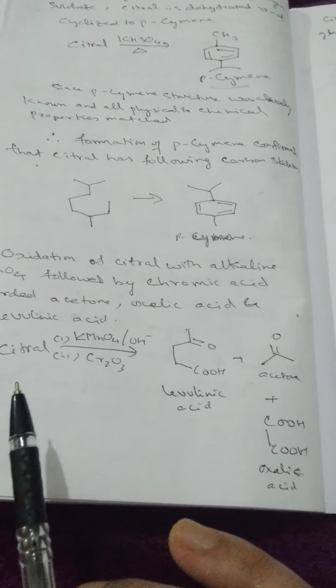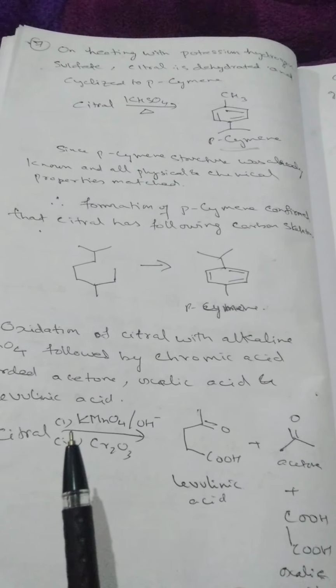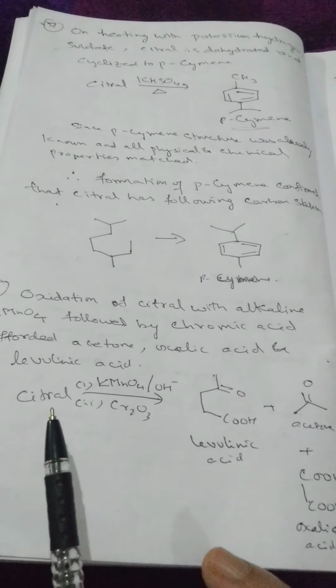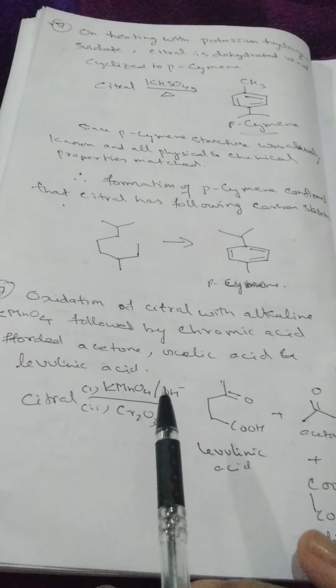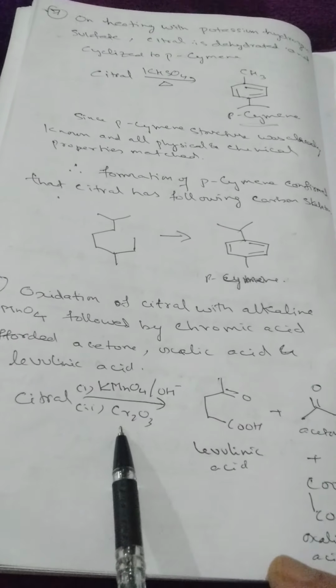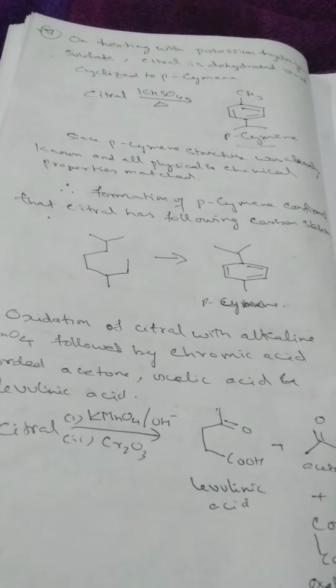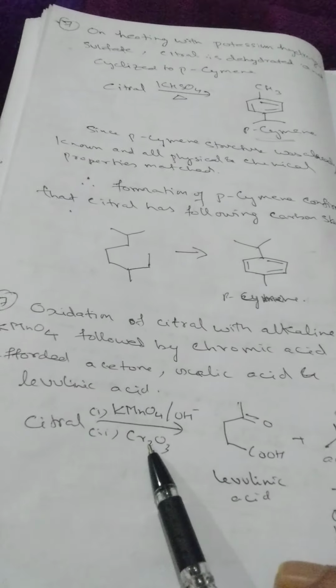And then what they did is they oxidized citral with KMnO4 OH minus, that is, in basic medium KMnO4, and then they oxidized with chromic acid, Cr2O3, but basically we put acid, so it becomes H2CrO4.